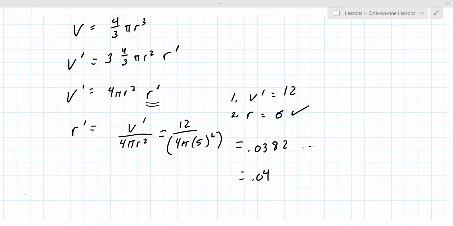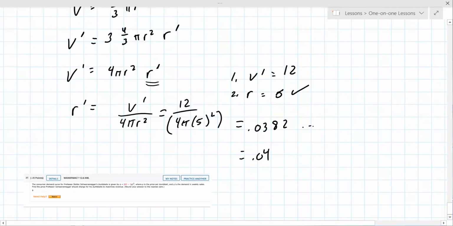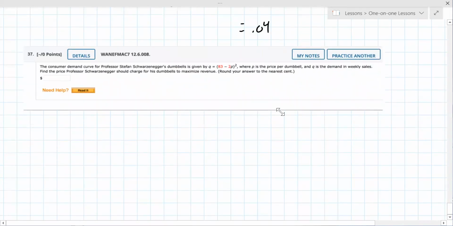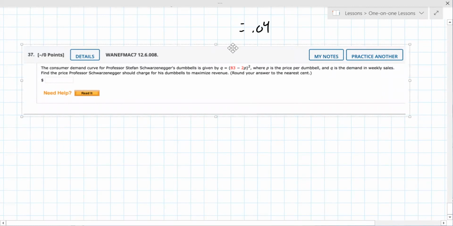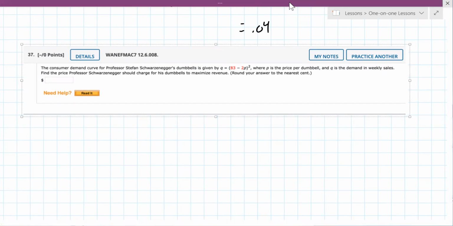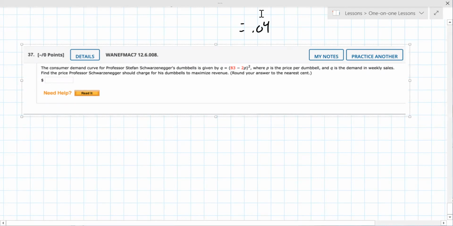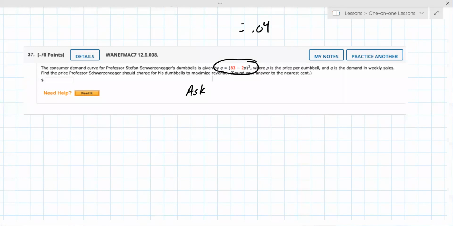You may want to check to see if it's actually going to be on there, because this one requires you to, when you take your derivative, use product rule, and then you have to set it equal to 0.